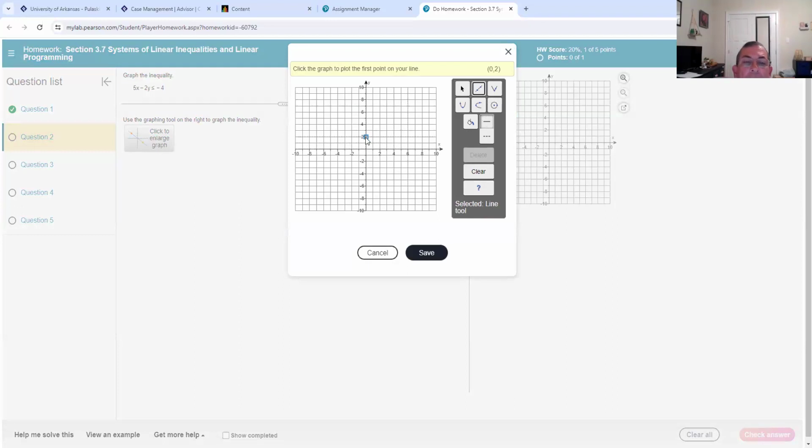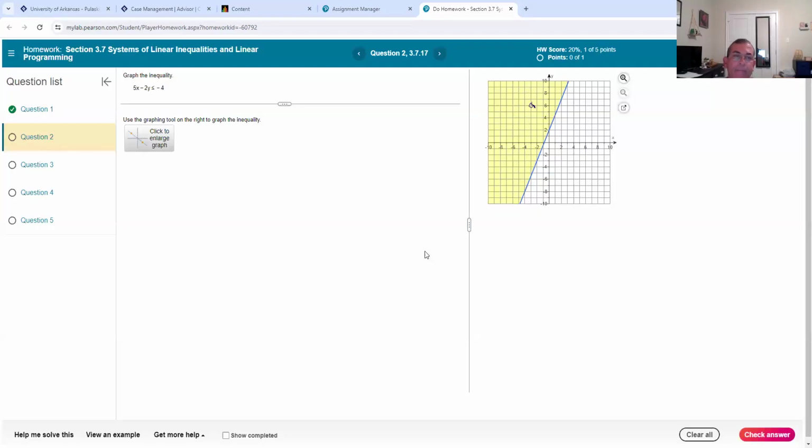So starting at 0, I'm going to go up 2 and click. My second point was 2, 7. So I'm going to go right 2 and up 7. So I've got my line, and it is solid. And remember, we shade above it. I'm going to grab the paint can and go above the line and click. At that point, we would hit save.